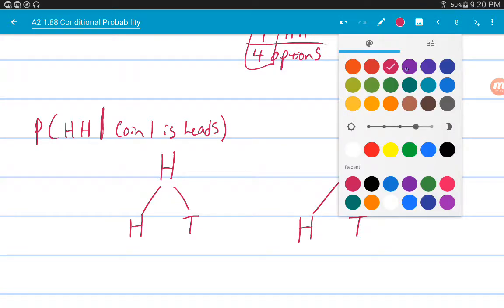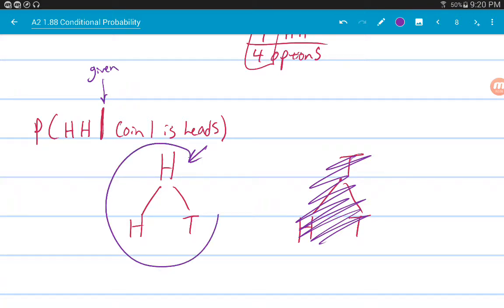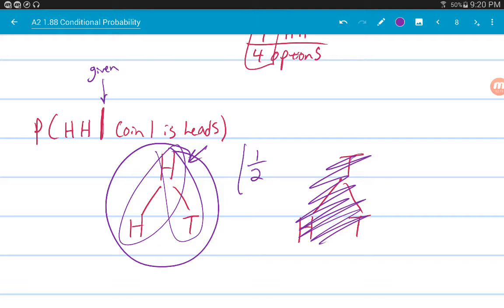So they gave me that this is the tree we're looking at. So I don't even care about this one anymore because they gave me, right, given the information that the first coin was heads. So this is the only tree I'm interested in. So there are 2 options here. So 1 out of 2 is the probability that I get heads on both then.